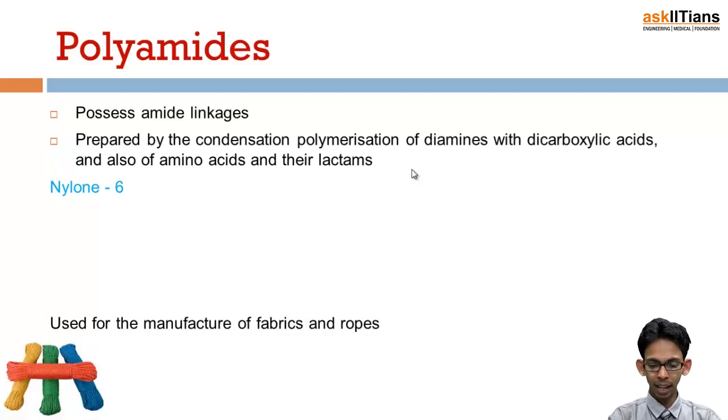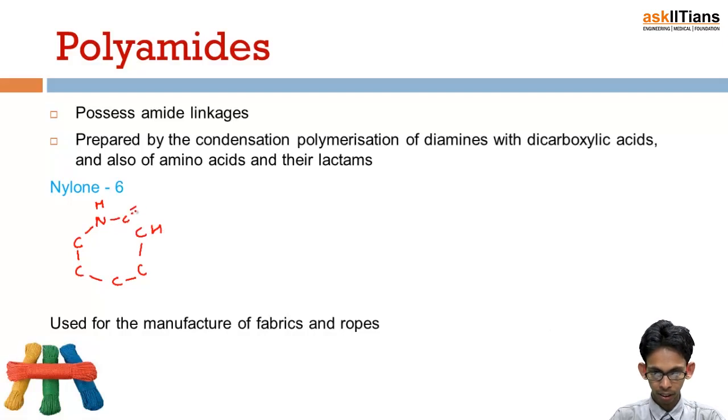Next is nylon 6, which is used in manufacturing of fabrics and ropes, and it is formed from caprolactam. Caprolactam is a cyclic compound. Its structure looks like this: NH, C, then a carbon here, another carbon, another carbon, another carbon, then another carbon with an oxygen, and these are all CH2.